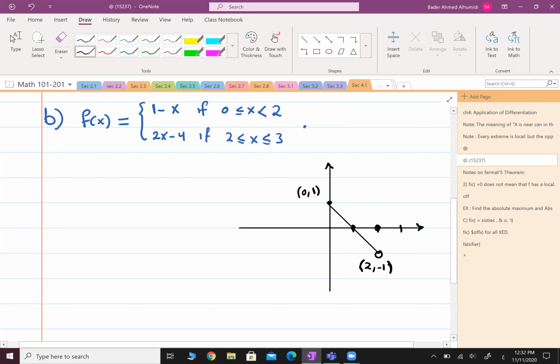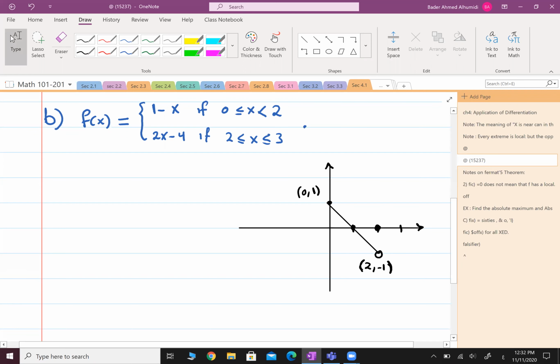At 3, it will be 2 times 3, that is 6 minus 4, which is equal to 2. So there is a point here called 3 and 2. I need to join these 2 again with a piece of a line, so I will do it like this. Okay, come here please. Excellent.